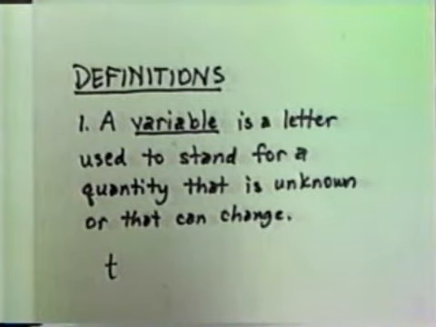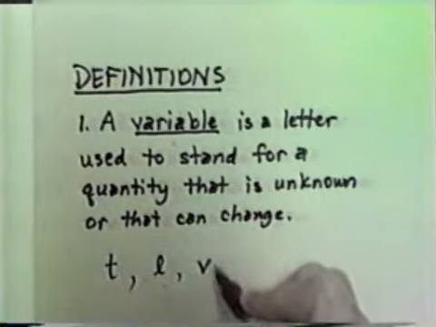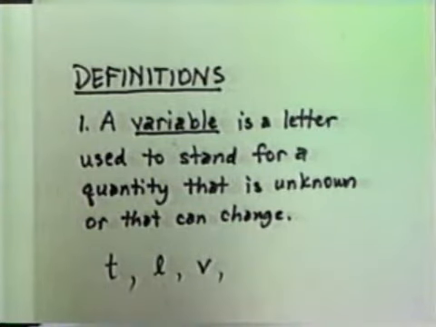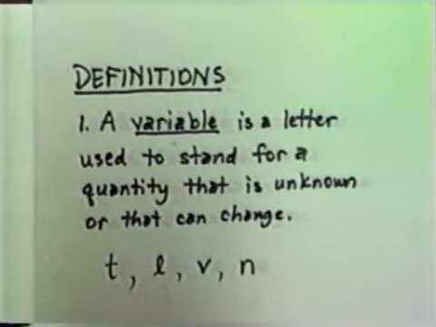If we're working with the length of a rectangle, we might use the letter L. If we're working with velocity, we might use the letter V. If we're working with an unknown number, perhaps the letter N would be chosen.